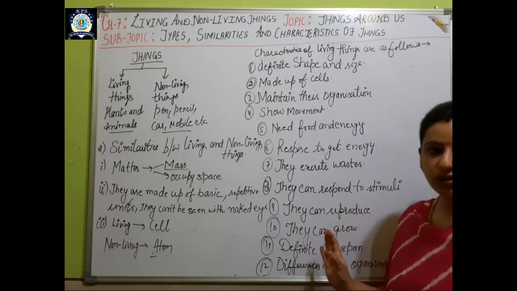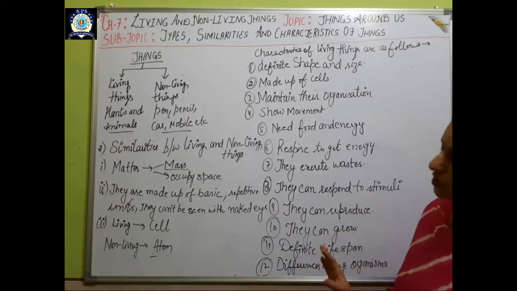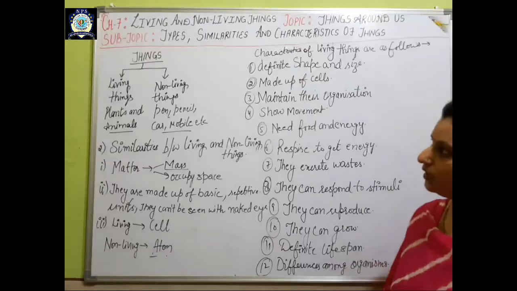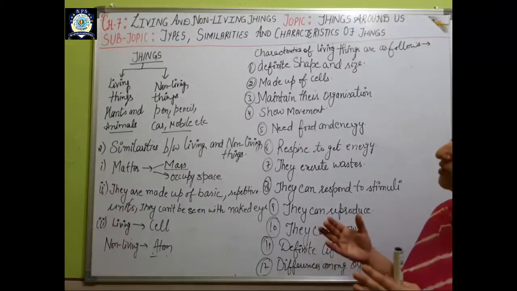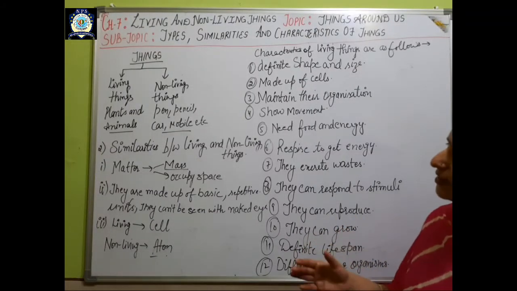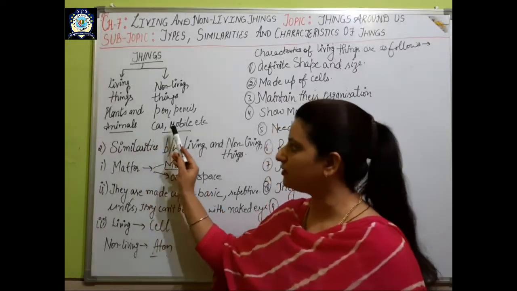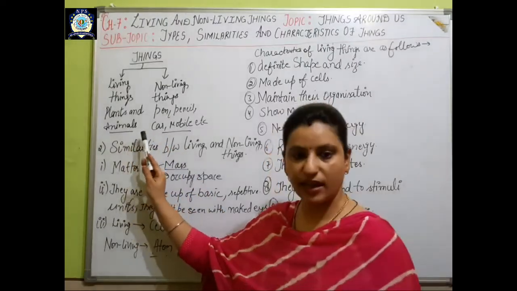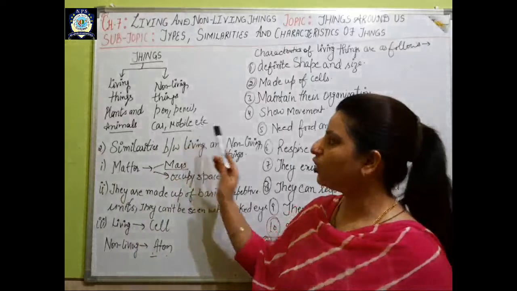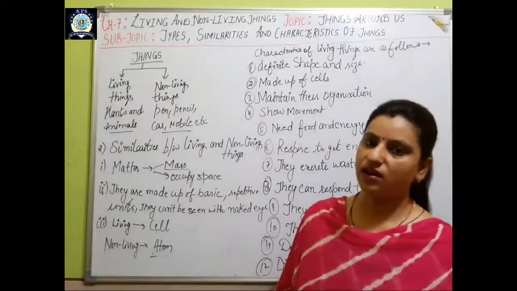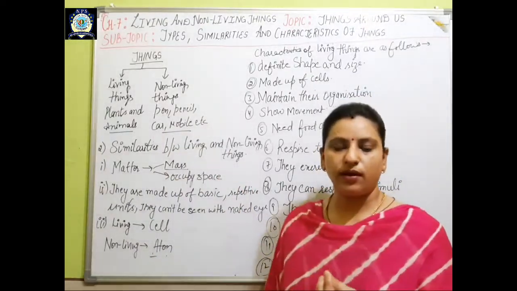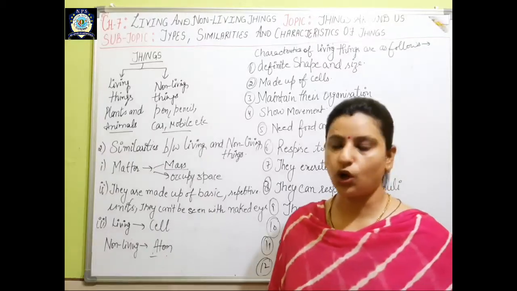So before going out, let's recap all the things very quickly. Today we have learned about things around us. We know that the things are categorized into two main parts: living things, which include plants, animals, and also human beings, and non-living things, which means pen, pencil, car, table, phone, many things which are non-living.